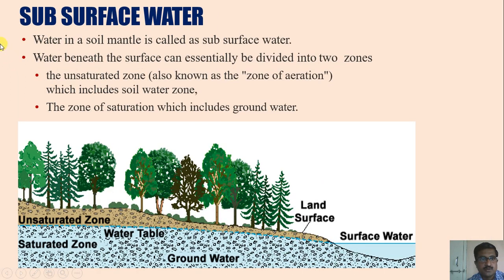Subsurface water: water in a soil mantle is called subsurface water. Water beneath the surface can essentially be divided into two zones: the unsaturated zone, also known as the zone of aeration, which includes the soil water zone, and the zone of saturation, which includes groundwater.